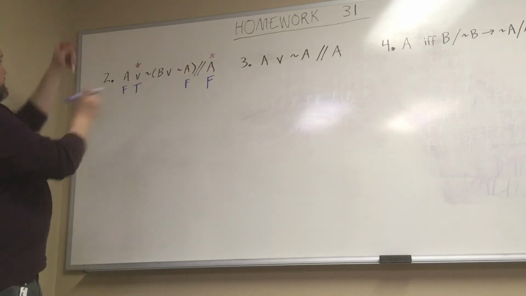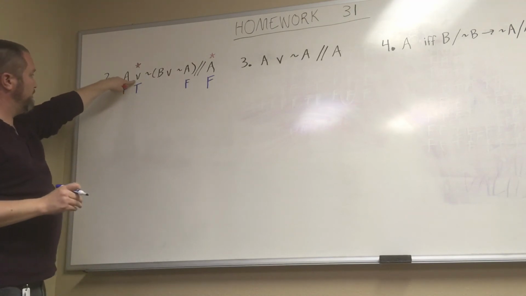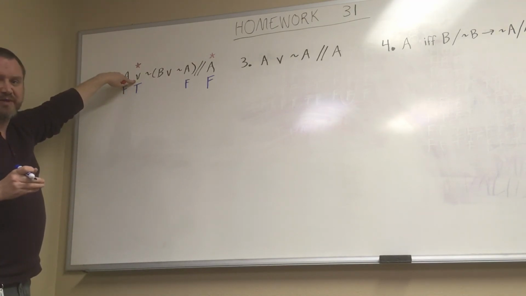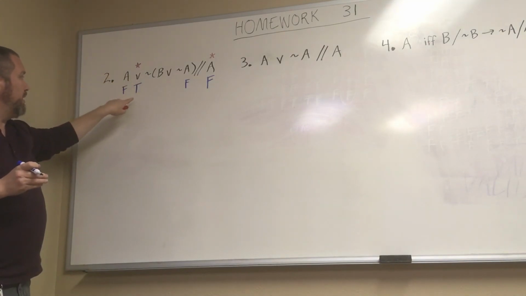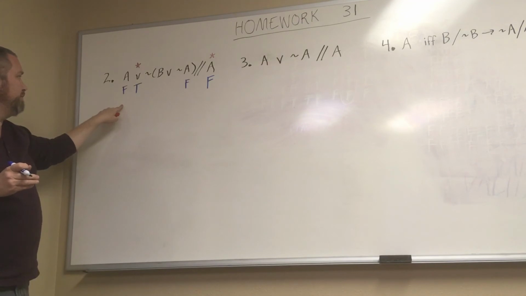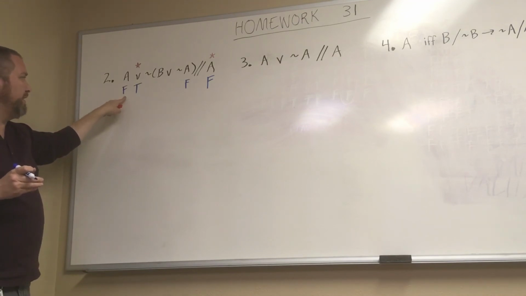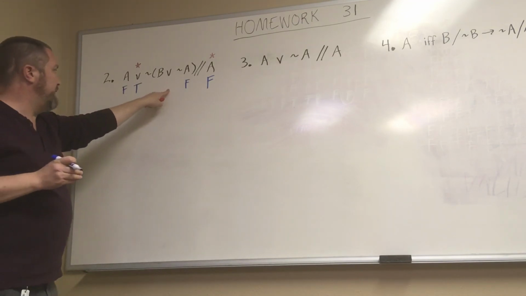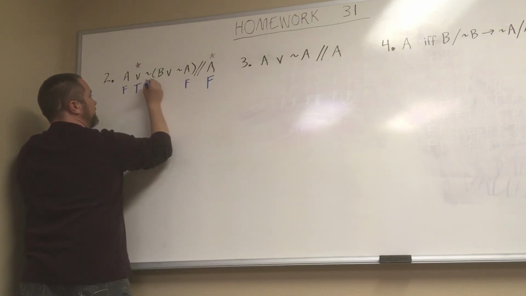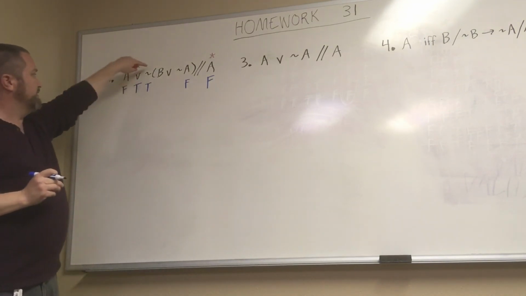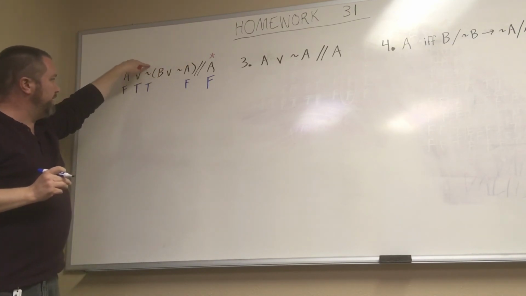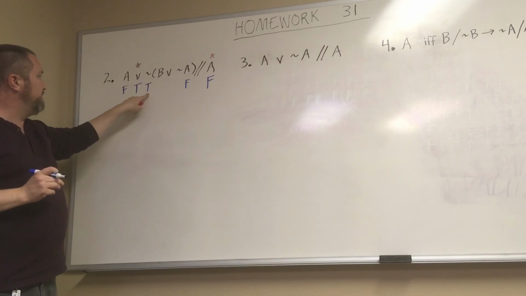And so we can look at the disjunction next. For a disjunction to be true, either one of the disjuncts can be true. So it's okay that we have a false here, but that means that this negation, because this is the main operator of this grouping right here, is going to have to be true.